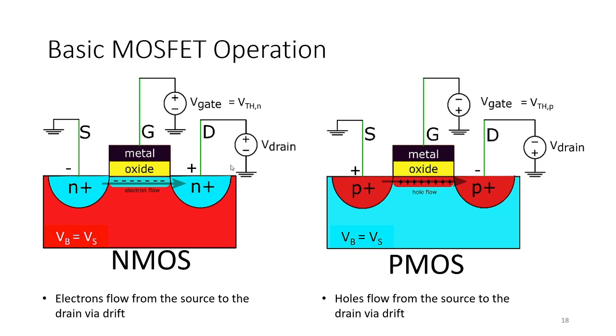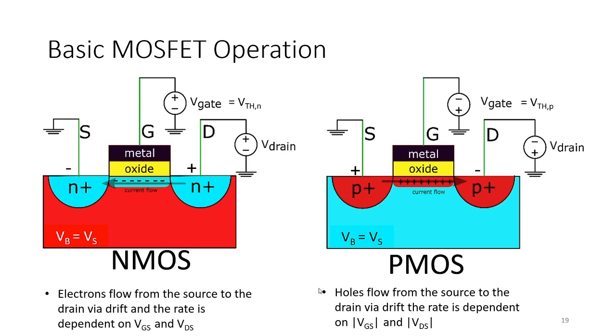Take note of the polarities shown here. For an NMOS, you introduce a positive voltage in the drain, and for a PMOS, you introduce a negative voltage to the drain. So electrons flow for an NMOS from the source to the drain by drift, and for PMOS, holes flow from the source to the drain.